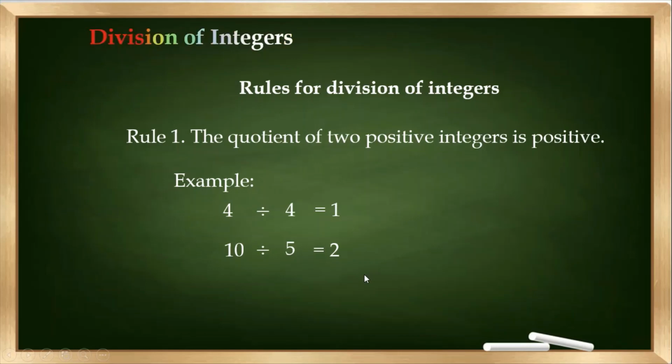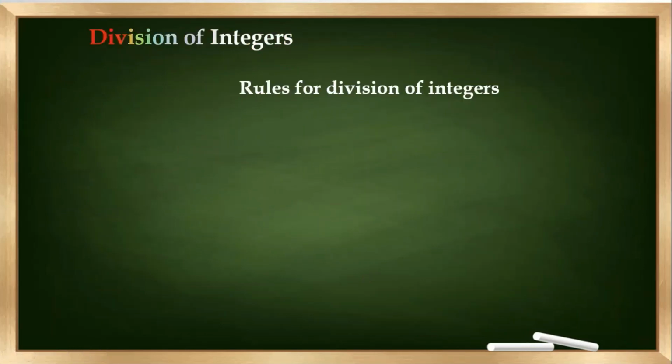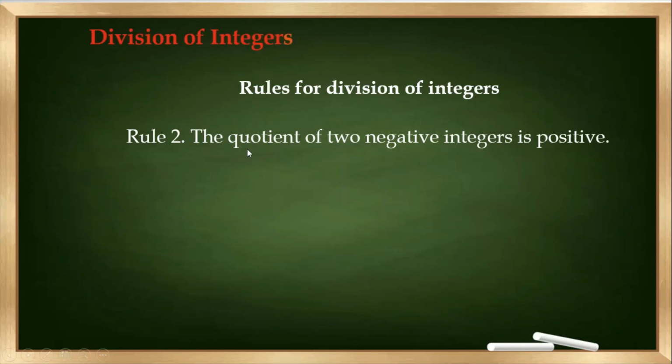The second rule is the quotient of two negative integers is positive. For example, negative 12 divided by negative 4 is equal to positive 3. Kung napansin nyo, pareho silang negative.